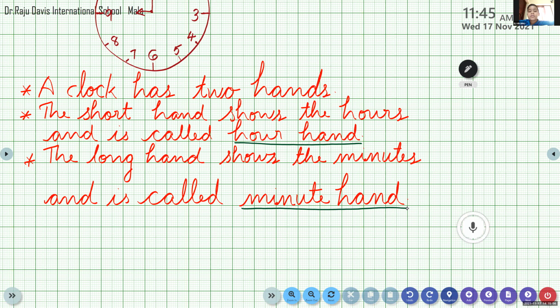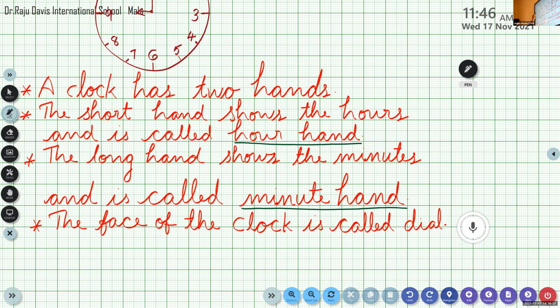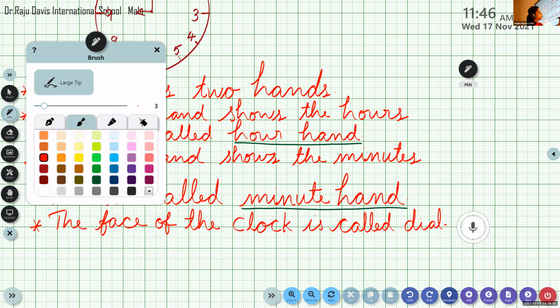The face of the clock is called dial. Please write the next point.